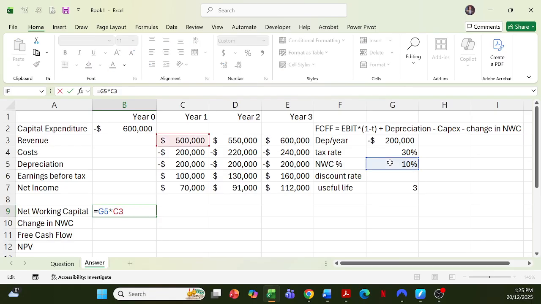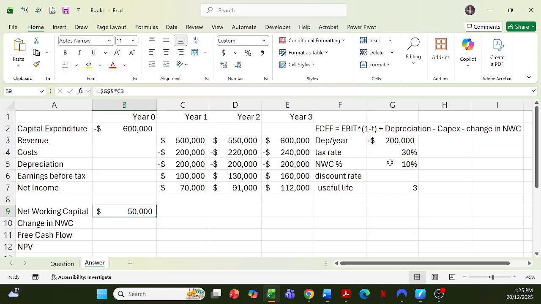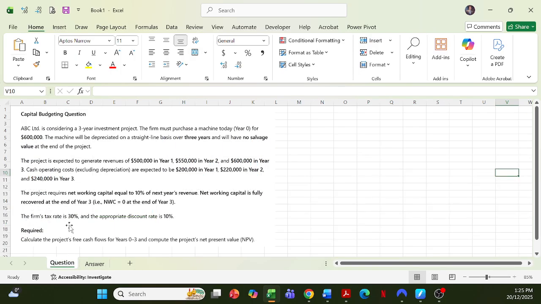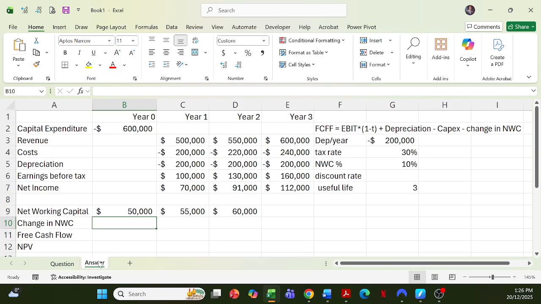I'm going to make this reference absolute again, because it's going to be the same thing for the next 2 years. But in the question, it explicitly says that net working capital is fully recovered at the end of year three, which means that net working capital is going to be zero at the end of year three. So I'm going to hard code zero in.